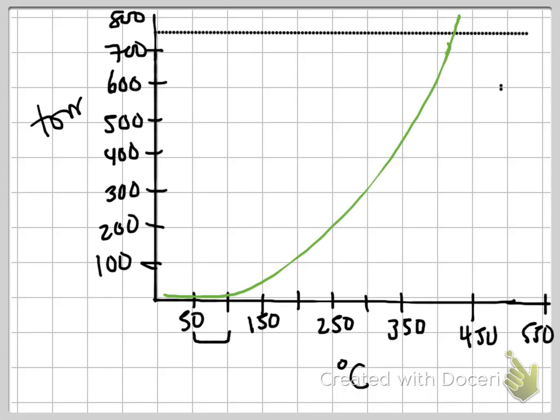So every one of those spaces gives you 50 degrees Celsius to play with. Every one of the spaces up the y-axis gives you 100 torr. So how do you get the best possible reading? Let's say we want a reading, I'm going to change the color of this line, at, where's the worst example I can possibly think of? Here.